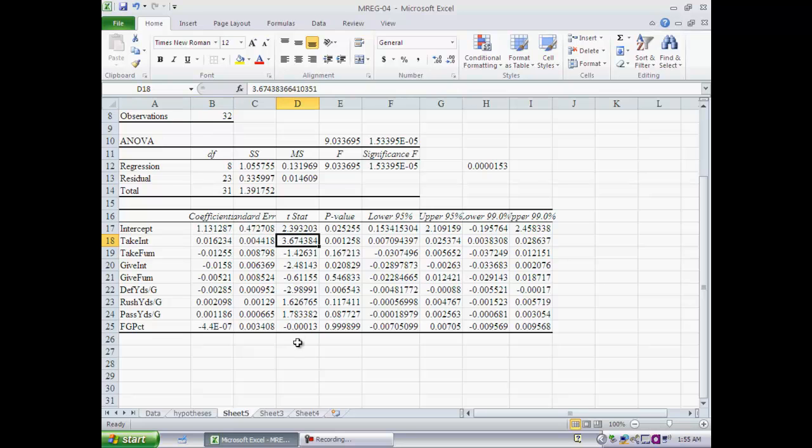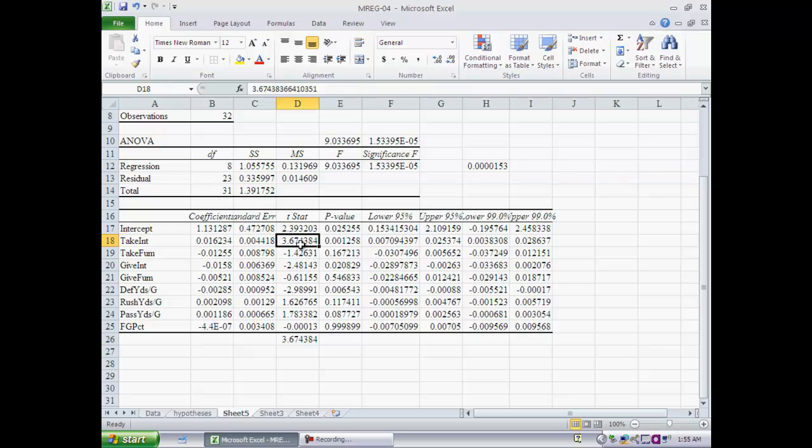Just as a reminder from your simple linear regression analysis, let's divide this 0.016 by the standard error. That's how much one standard deviation is. So there is your 3.67. The physical interpretation is that this 0.0162 is 3.67 standard deviations above 0.